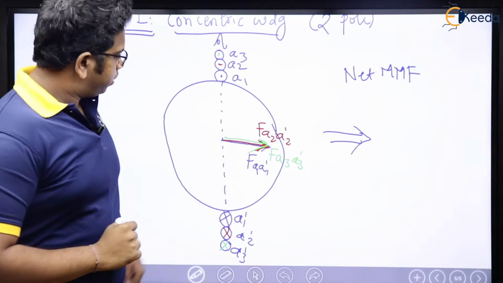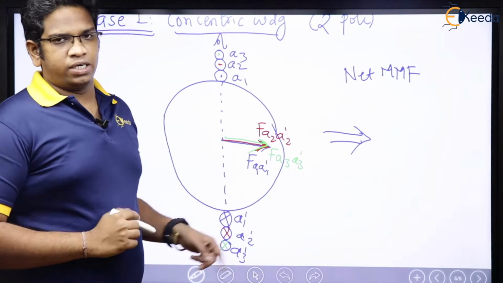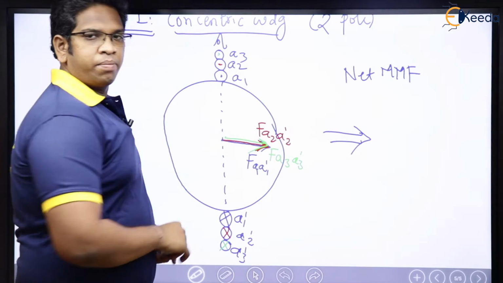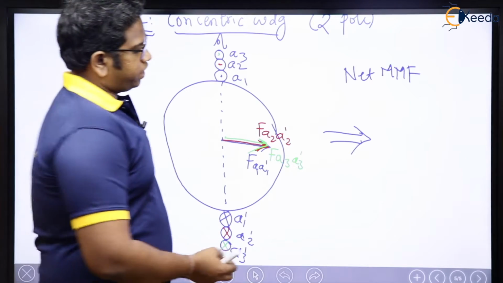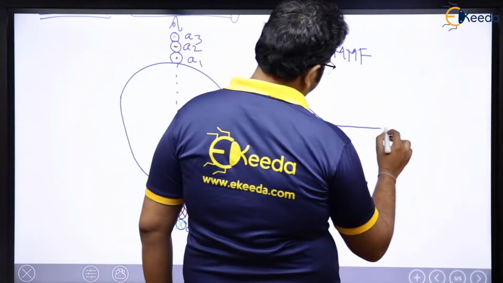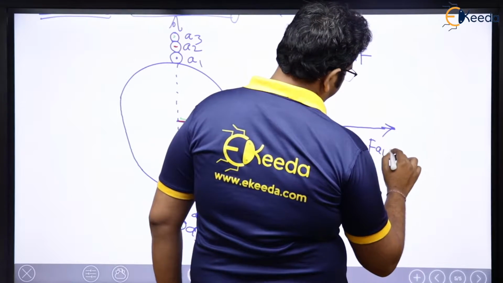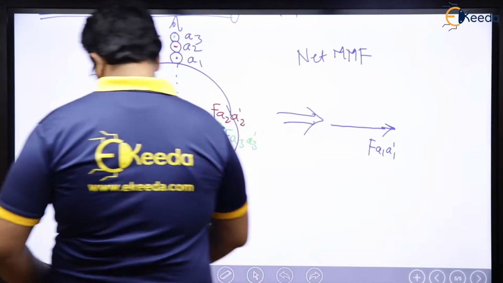Net MMF will be F A1 A1 dash plus F A2 A2 dash plus F A3 A3 dash. Since all of them are in the same direction, I can also represent this in terms of phasors this way. This is going to become F A1 A1 dash.